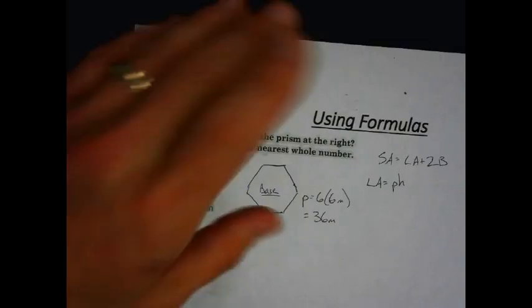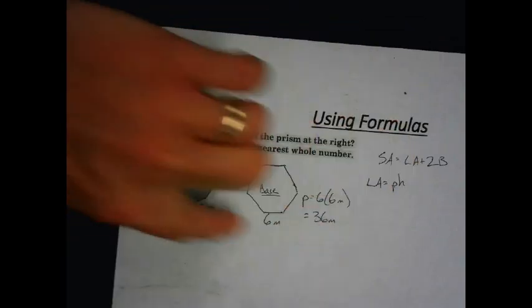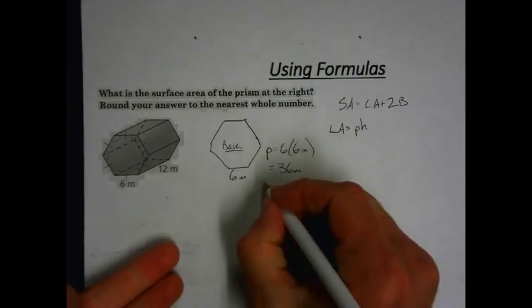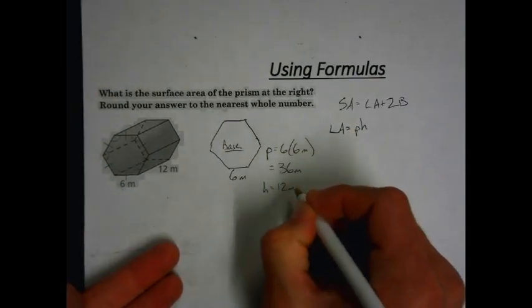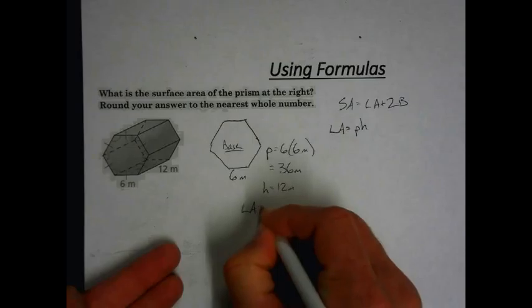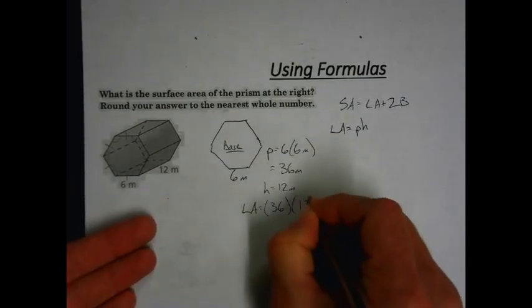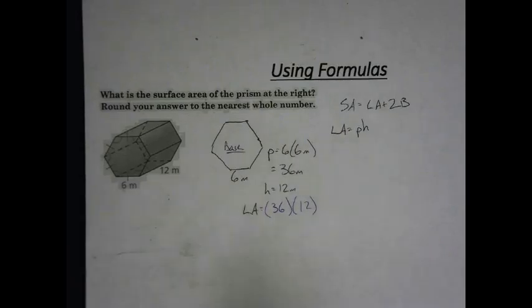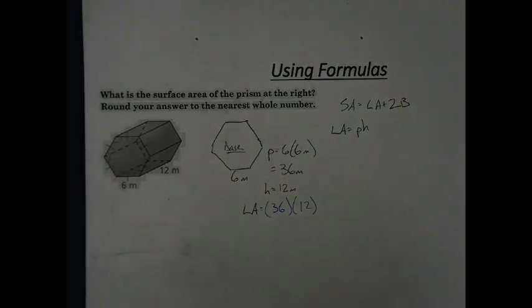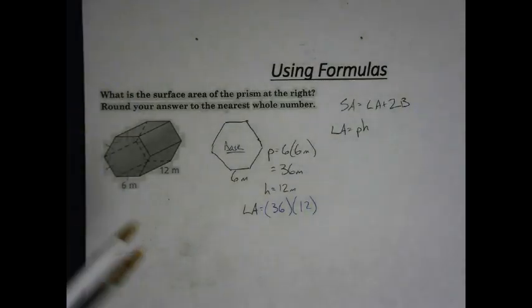Yay! The height of this, remember, don't let gravity mess with you. If the hexagon is the base, the height will then be 12. Okay, so 12 meters will be our height. So we're going to keep that in mind. So our height is 12 meters. So that means the lateral area is going to be our perimeter of the base times the height. Punch that in your calculator, beep, boop, beep, and you get 432 square meters.